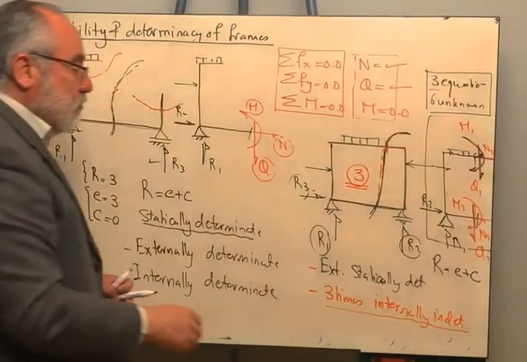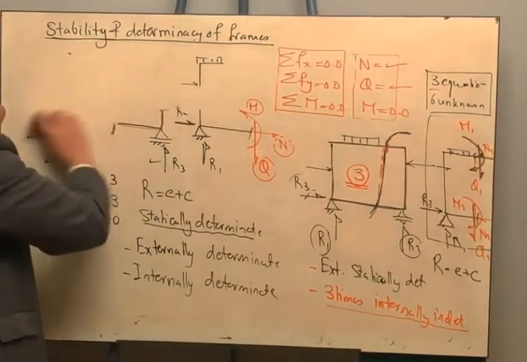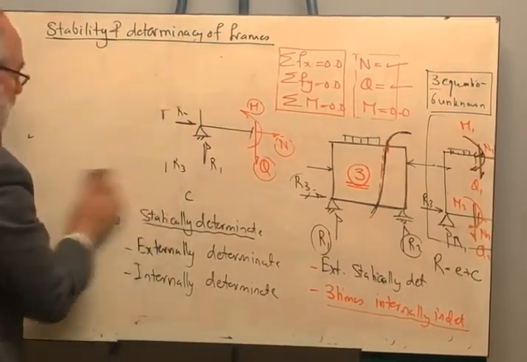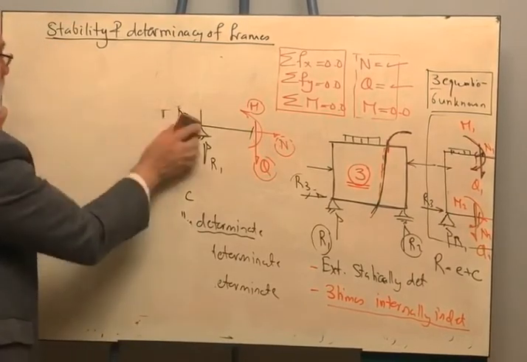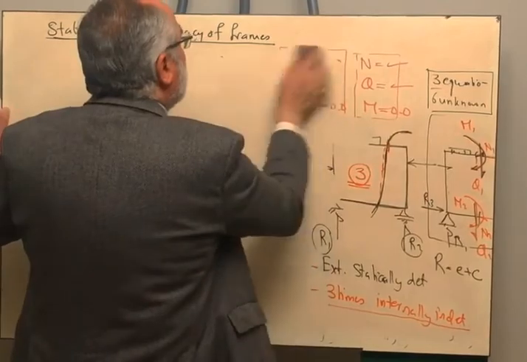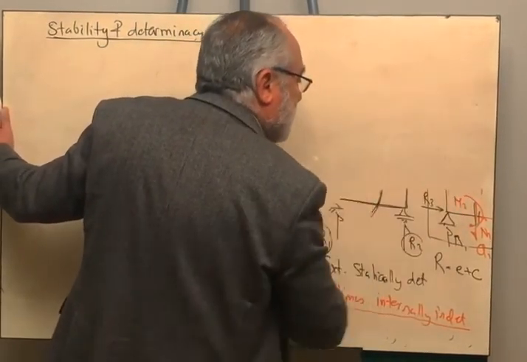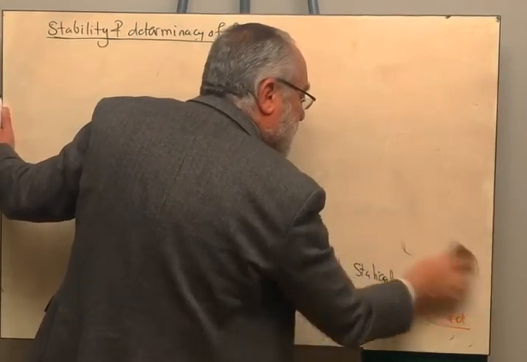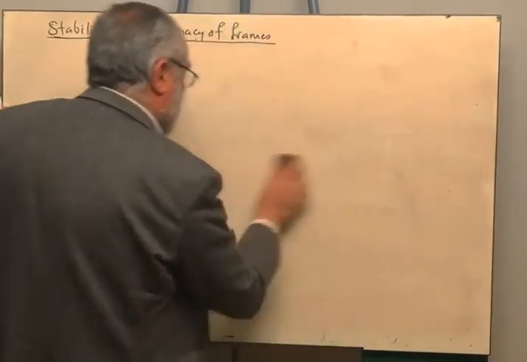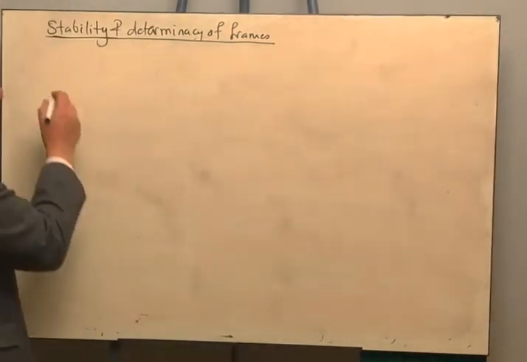Now, let us see if we understand what I explained. I will be giving you several problems to investigate together. It is required here in all of these problems to check stability and determinacy. So example 1.